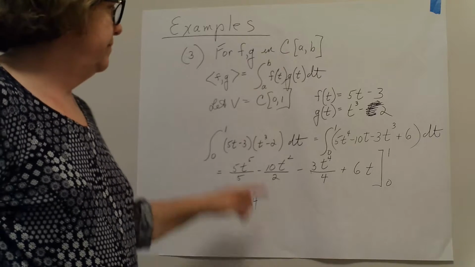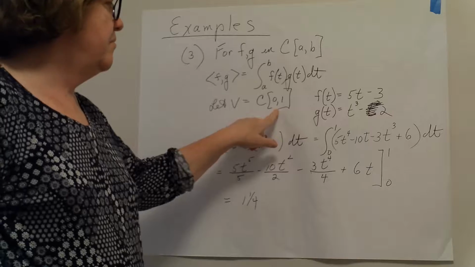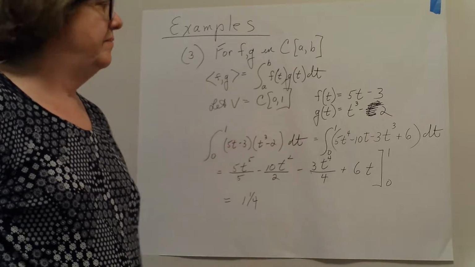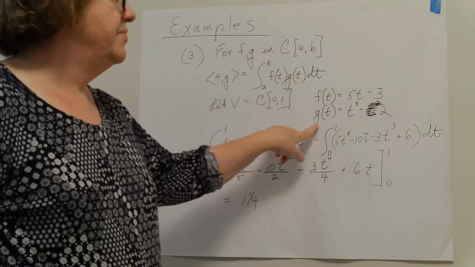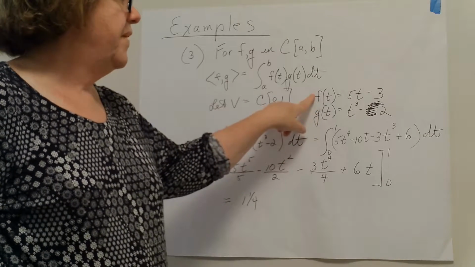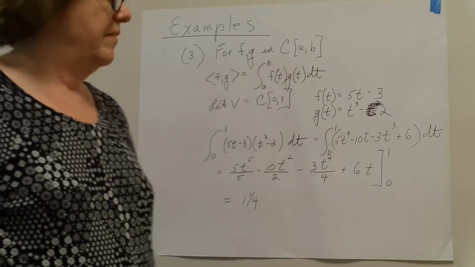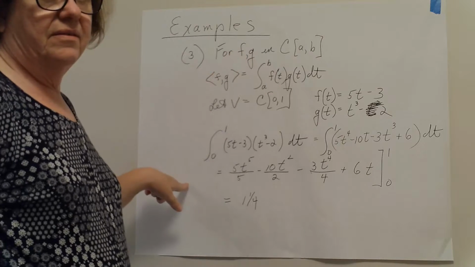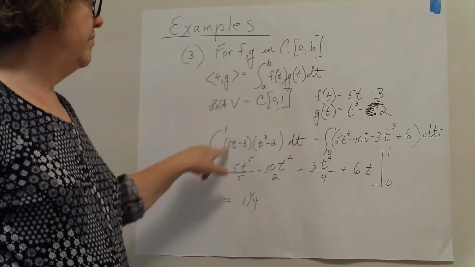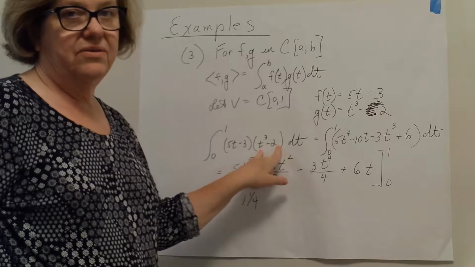For example, let's say the space is the set of all continuous functions from 0 to 1. Here's f and here's g. F is 5t minus 3. G is t cubed minus 2. So to get the inner product, we take the integral from 0 to 1 of 5t minus 3 times t cubed minus 2.